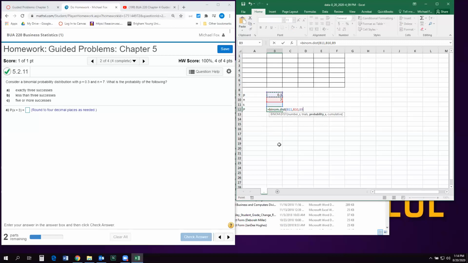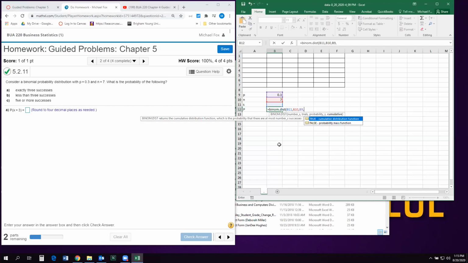And then I have to put whether it's cumulative or not. So this is kind of tricky. With binomial distributions, if we're looking for an exact number, then it's not cumulative. We only want the probability of exactly achieving this. So in this case, we want to exactly achieve 3.